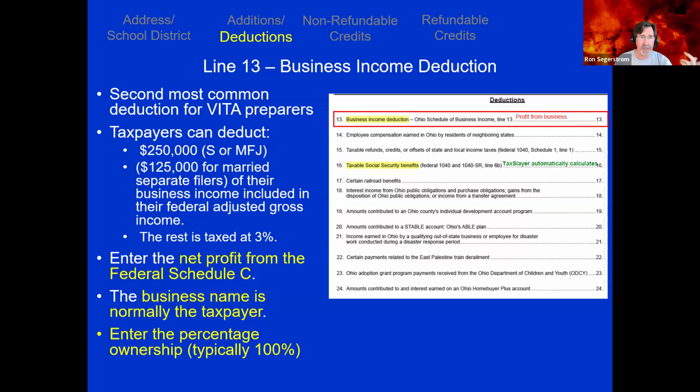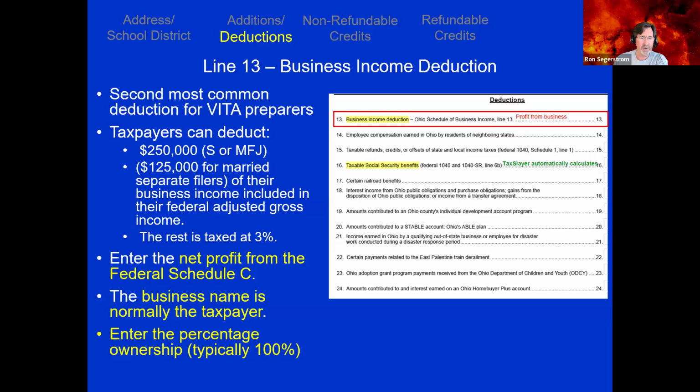The big thing, or the second most common adjustment or deduction we're going to see, is the business income deduction. And that is business income like Uber, Lyft, maybe landscaper, some sort of service business that the person collects a 1099 NEC, or he ultimately develops a Schedule C for federal.